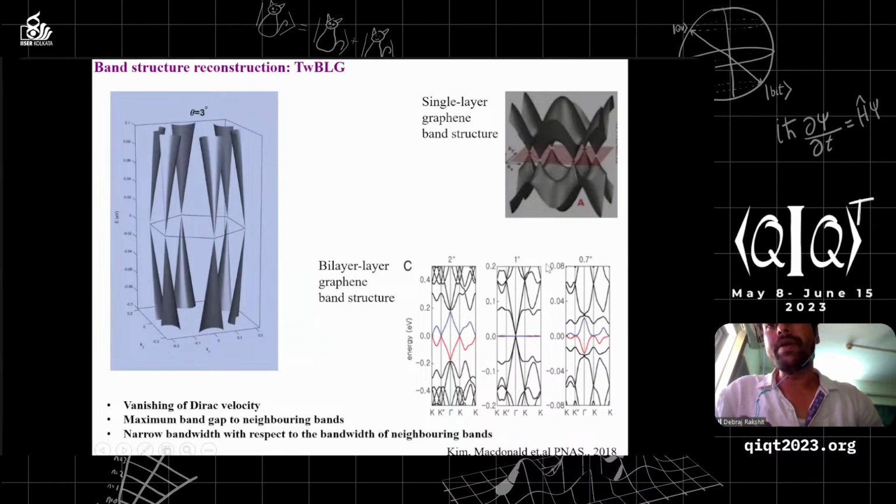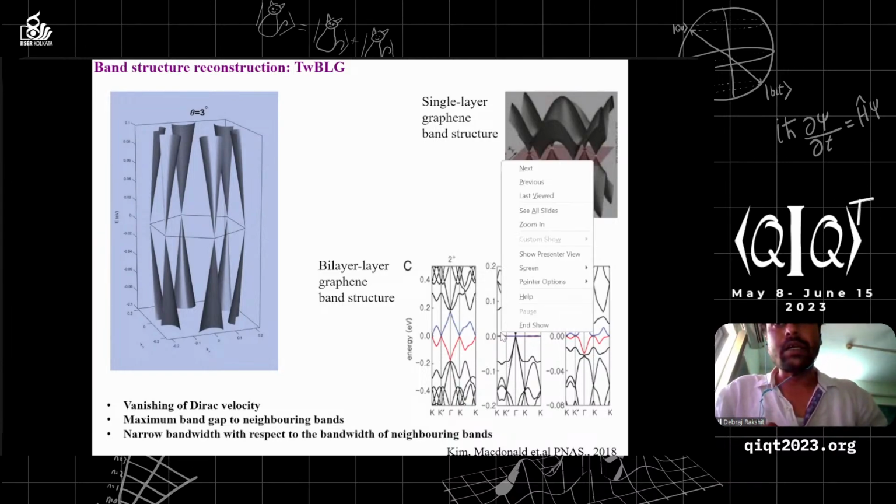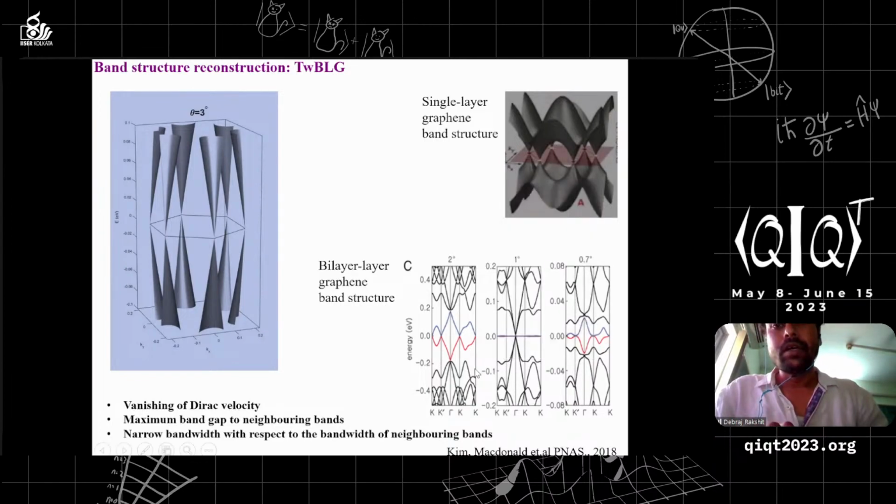So what interestingly happens is that when you are very close to something like 1.1 degree, you see that the middle band, which was very dispersive in its nature, becomes flat. And then there are two Diracs that are almost touching it. There's a small gap between them. And then you increase this rotation again, and the band becomes dispersive again. So where the band is flattening, some very interesting physics will emerge.